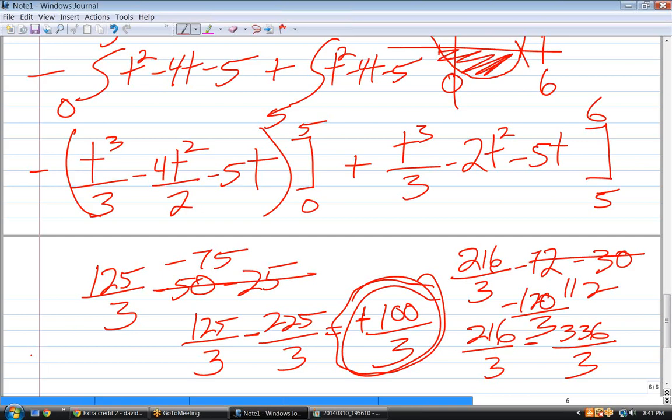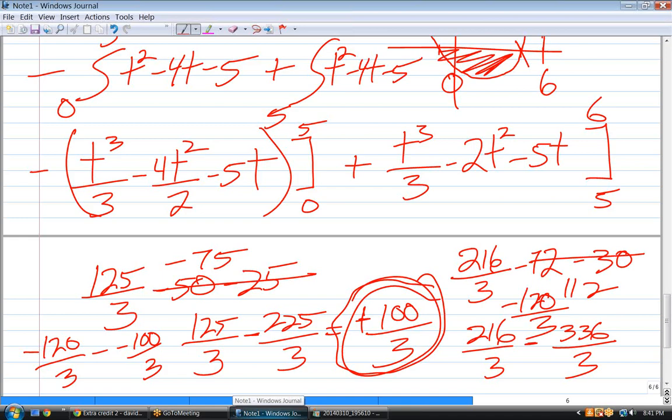And so that's the evaluation at 6, minus 120 thirds. And then I have to subtract the evaluation at 5, which is minus a minus 100 thirds. So that's a plus. 110 thirds.